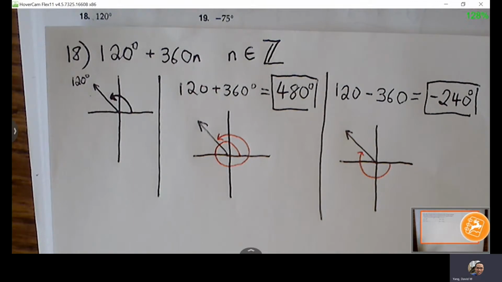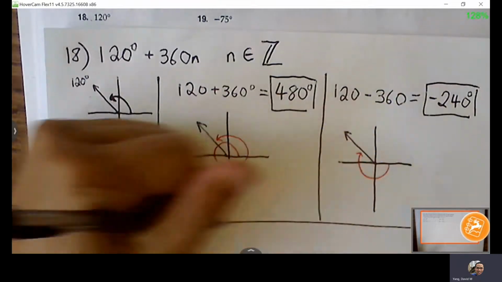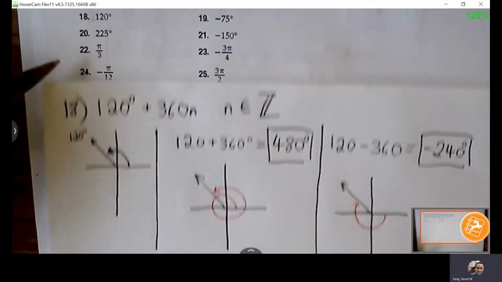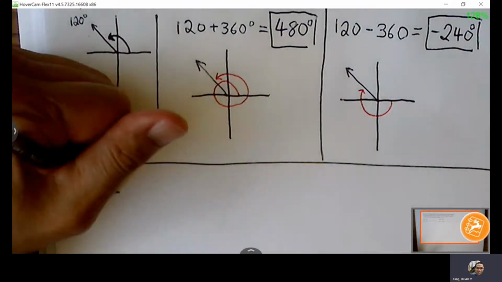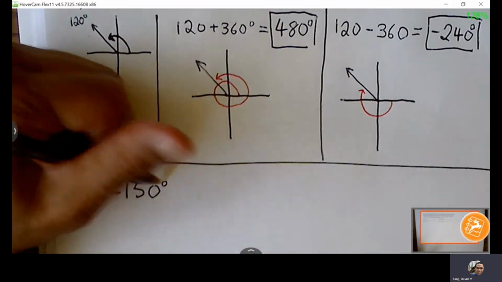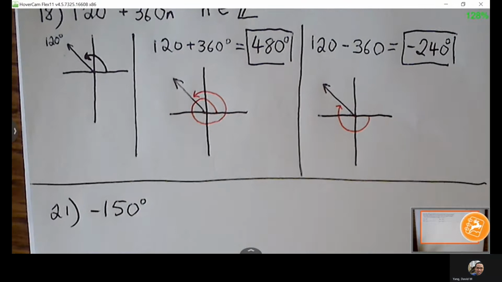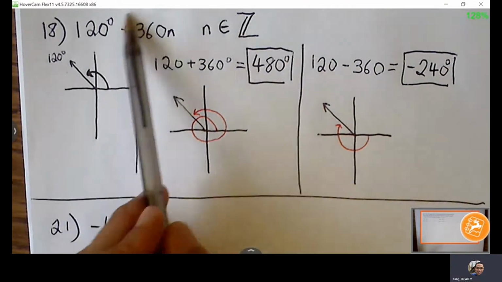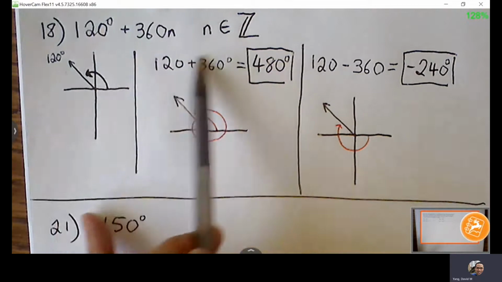All right, let's try number 21 together. Let me have you guys try 21, and actually I'll do number 21 with you because 21 has a negative starting point. Negative 150, we want to create a rule that represents all the possible coterminal angles.